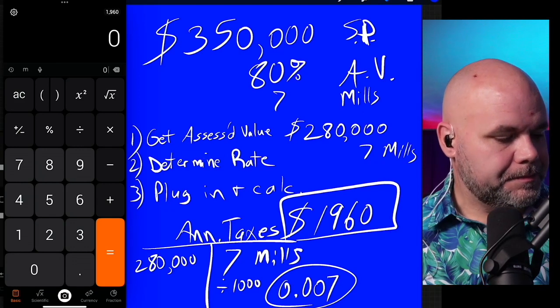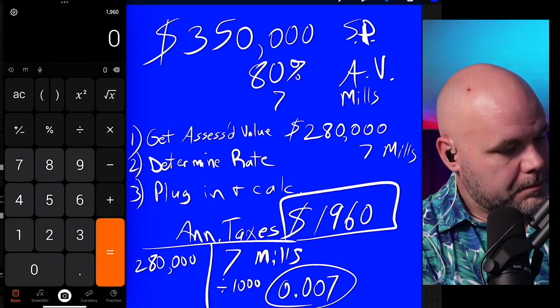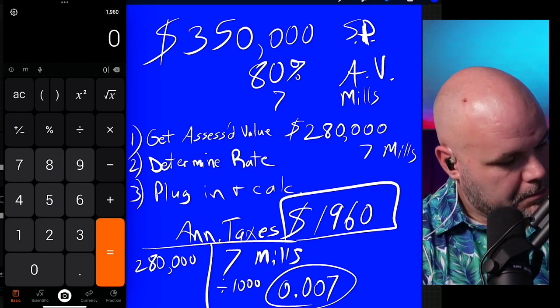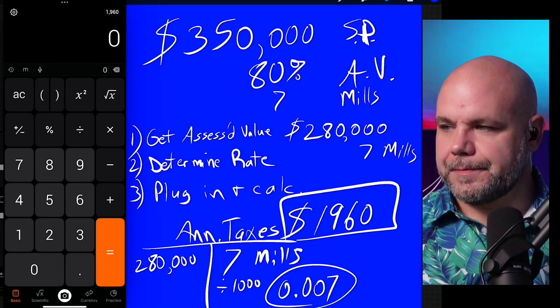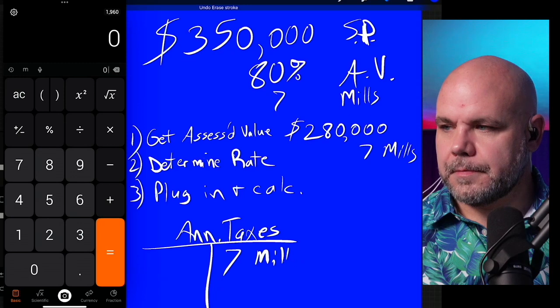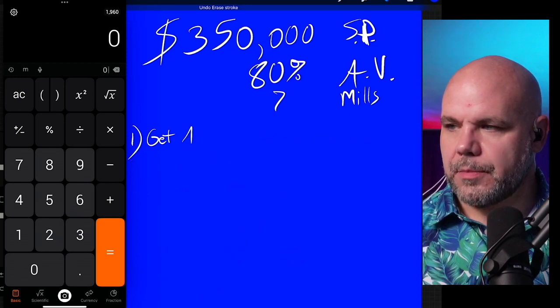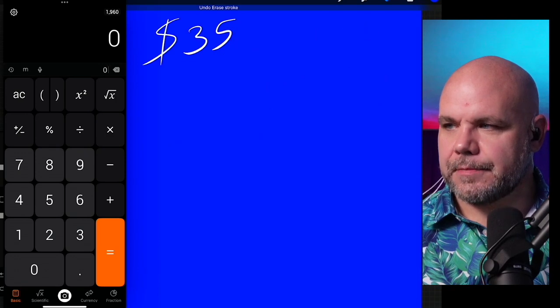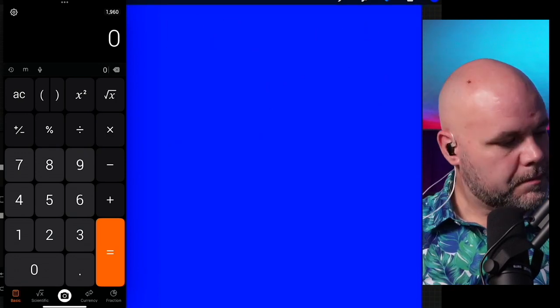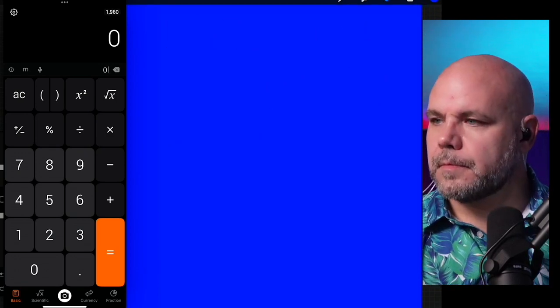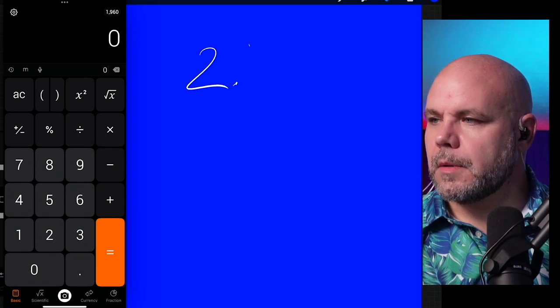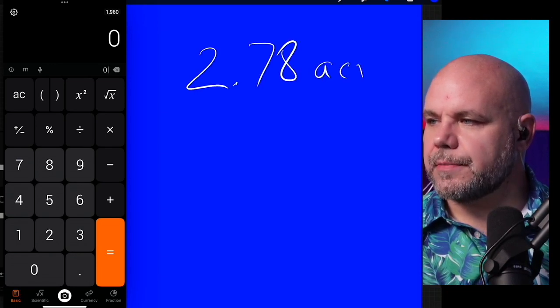Next. How about this one? A property has 2.78 acres.